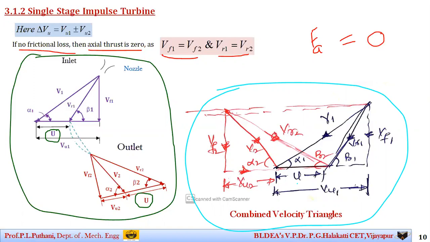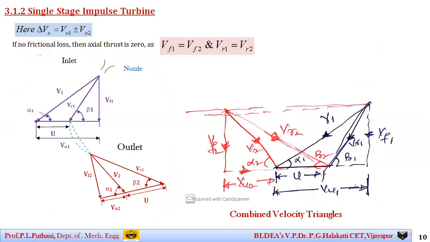In this picture, the blue colored arrow lines represent the inlet velocity triangle, whereas the red colored arrow lines represent the outlet velocity triangle.